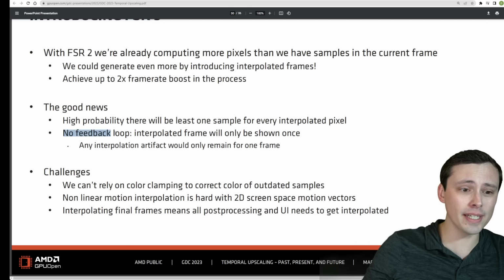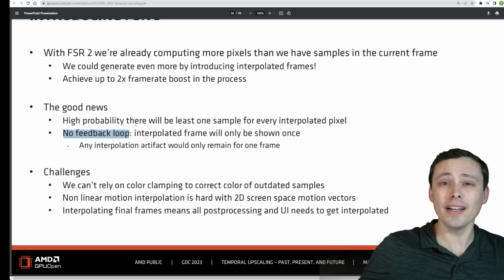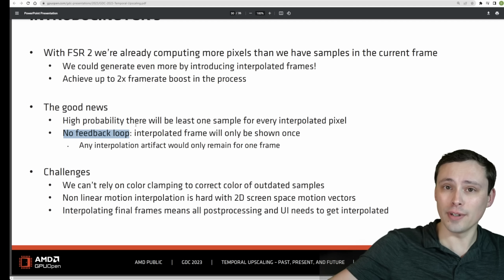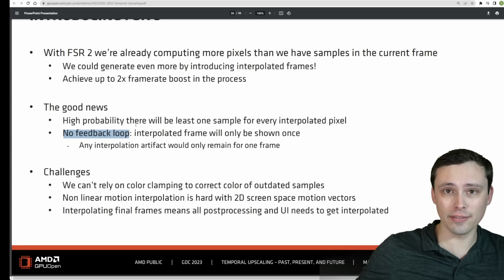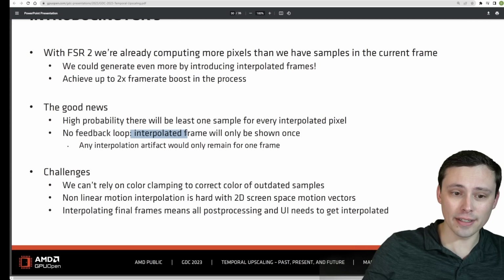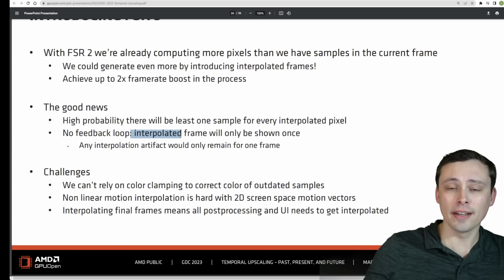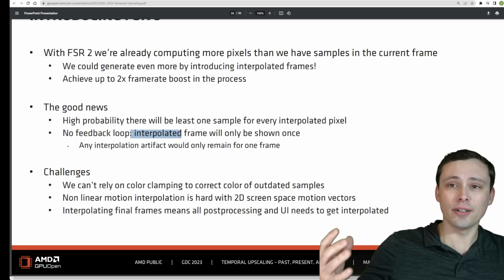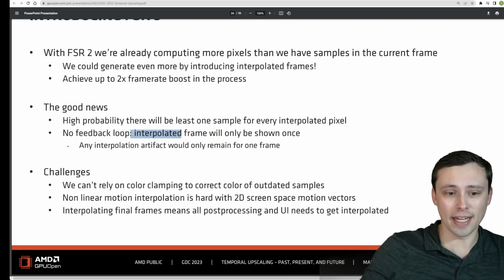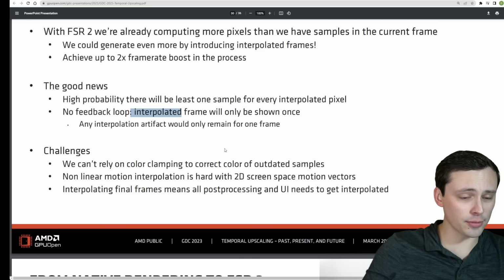And what they mean by there being no feedback loop is that you're not using the artifacts to generate another frame, which would then have even more artifacts based on that generated frame. The interpolated frames are using the real frame data, not the previous interpolated data, to generate the next one.